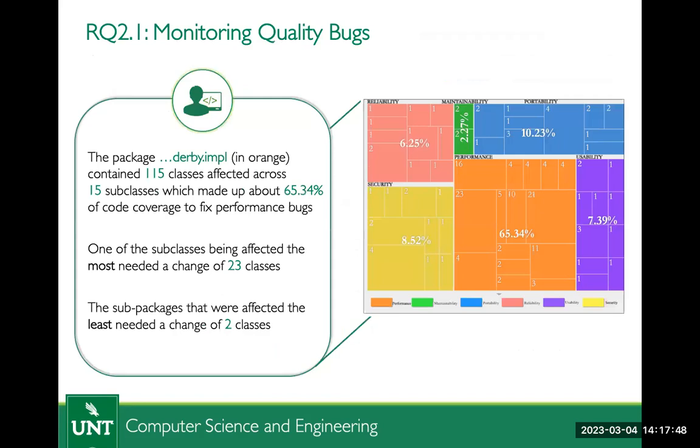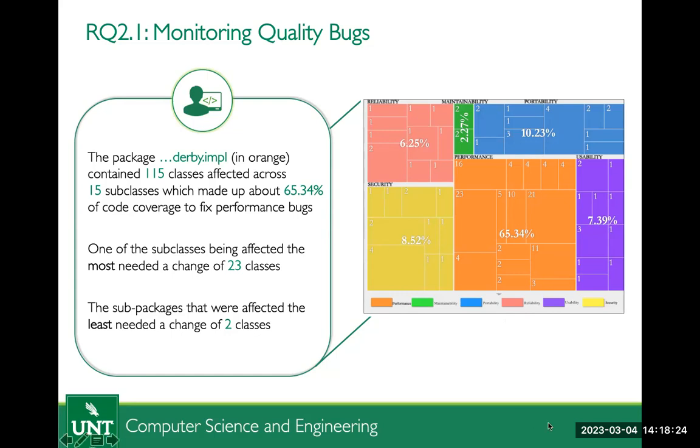The other thing we wanted to focus on was trying to monitor what portion of code has been affected by quality concerns. For this, we use the tree map view that our SoftQualTopicDetector can support for monitoring quality concerns affected by quality bugs. As shown in this figure, the color-coded areas show the type of quality concerns of the affected features at the package level in the main hierarchy. So the tree map view feature in our tool could visually delineate the number of classes affected by quality bugs.